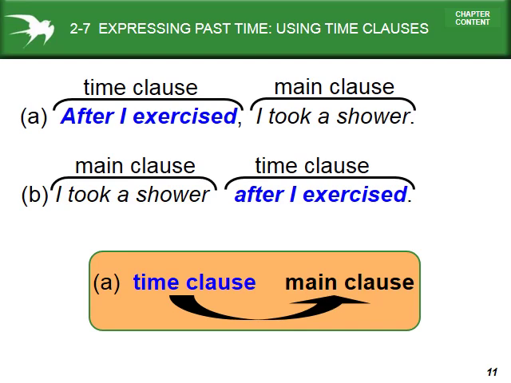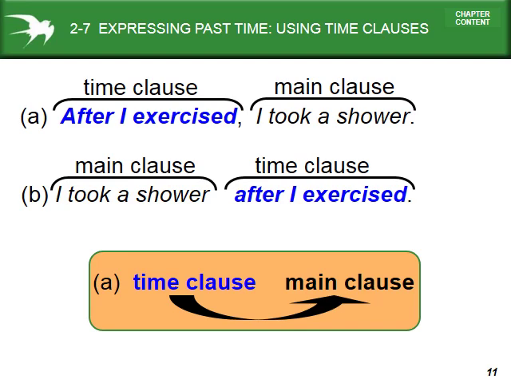And if you've learned about complex sentences before, you should know that a complex sentence is made up of a main clause and a dependent clause. So in this case, we have the time clause or the dependent clause, which says after I exercised, and the main clause, which says I took the shower.